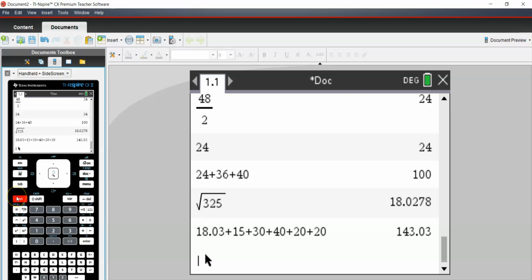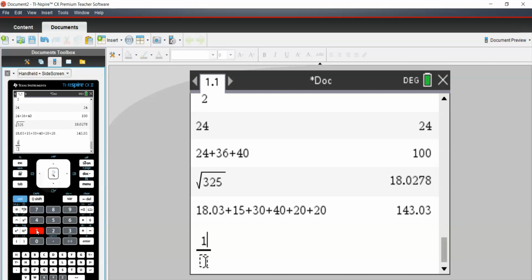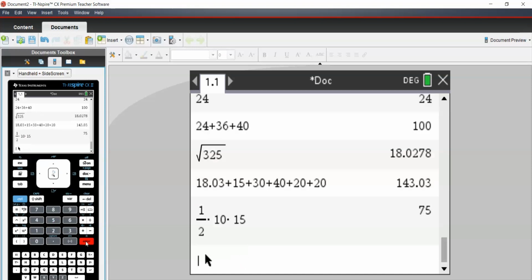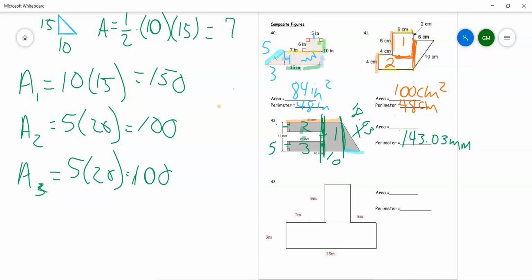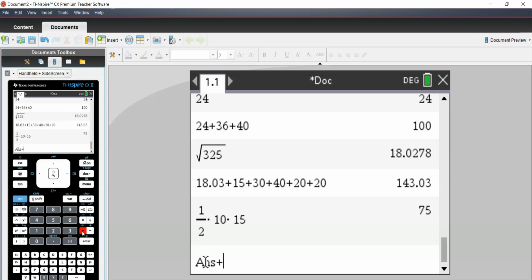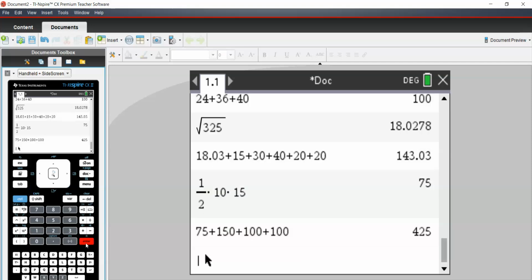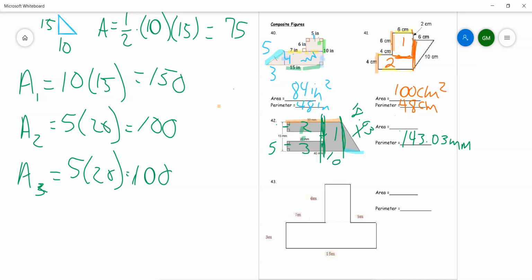So now we're going to add those numbers together. Okay, that's 425. And we're in millimeters, so 425 millimeters squared.